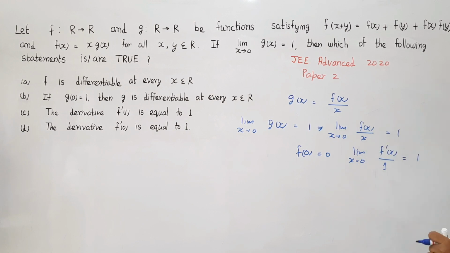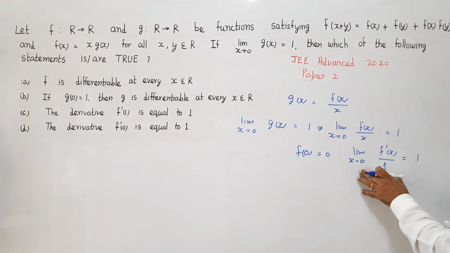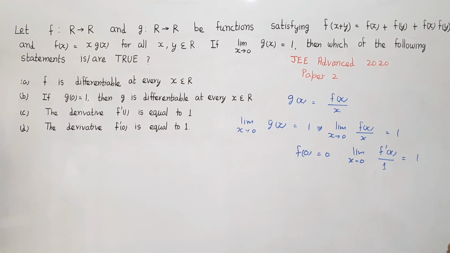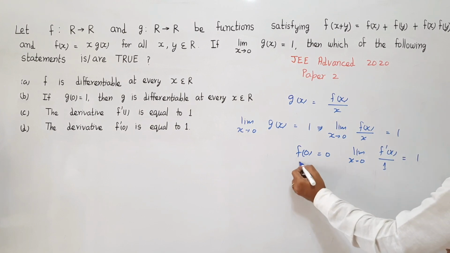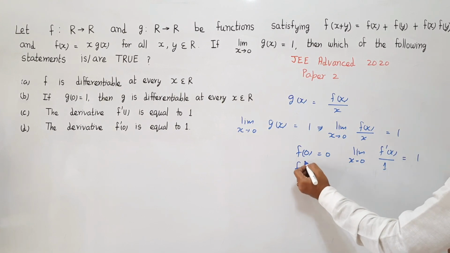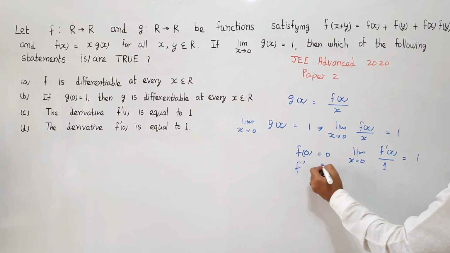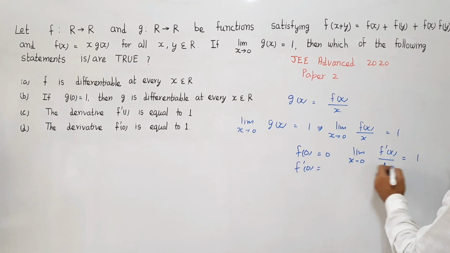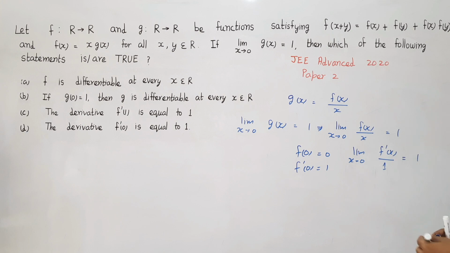The value of this limit is 1, so after applying L'Hospital's rule this limit should also be equal to 1. That means as x approaches 0, f'(x) will be equal to 1. This gives me another important conclusion, that f'(0) is equal to 1. So these are the two important pieces of information we get from here.